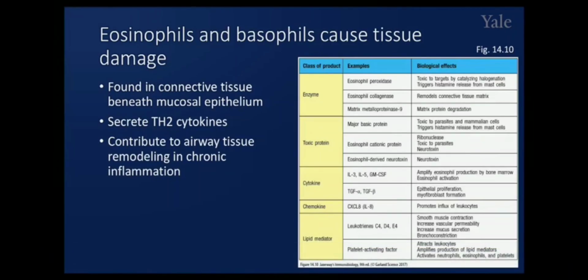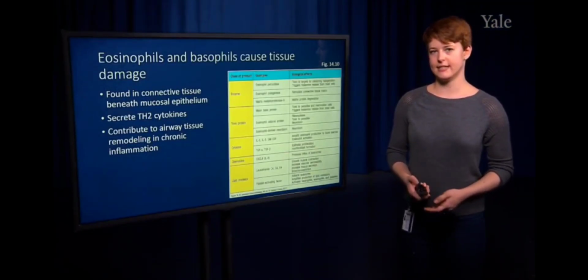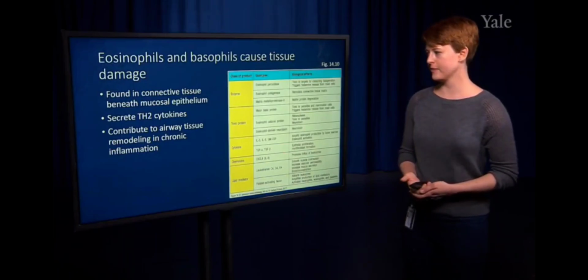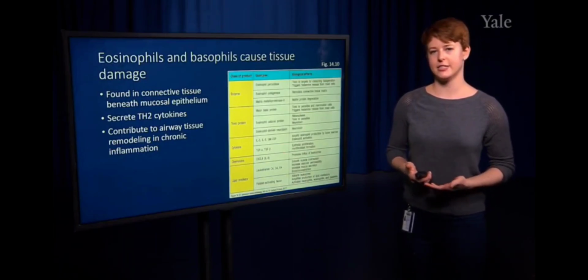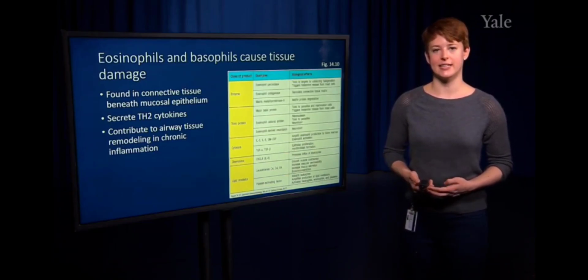So in airways, we'll discuss this a bit later as well. If you have repeated antigen exposure, the airways can actually begin to deposit more collagen and they will be constricted.